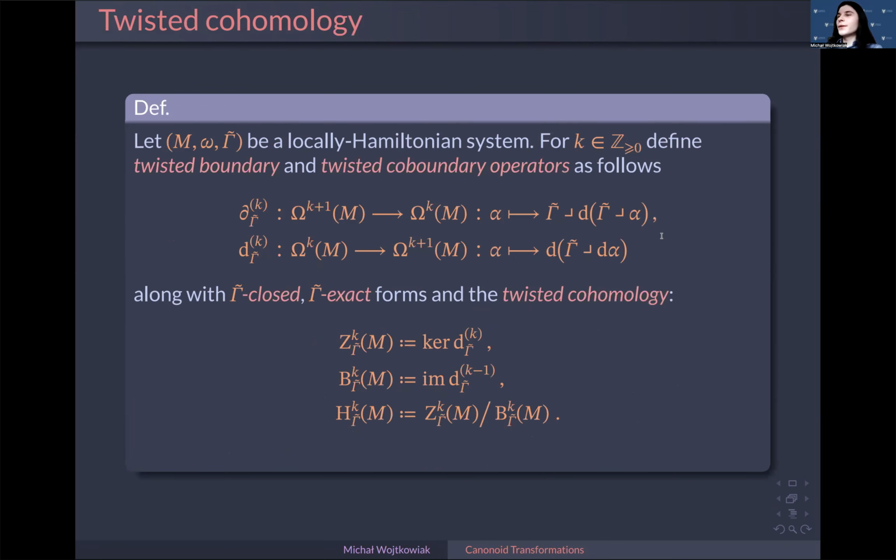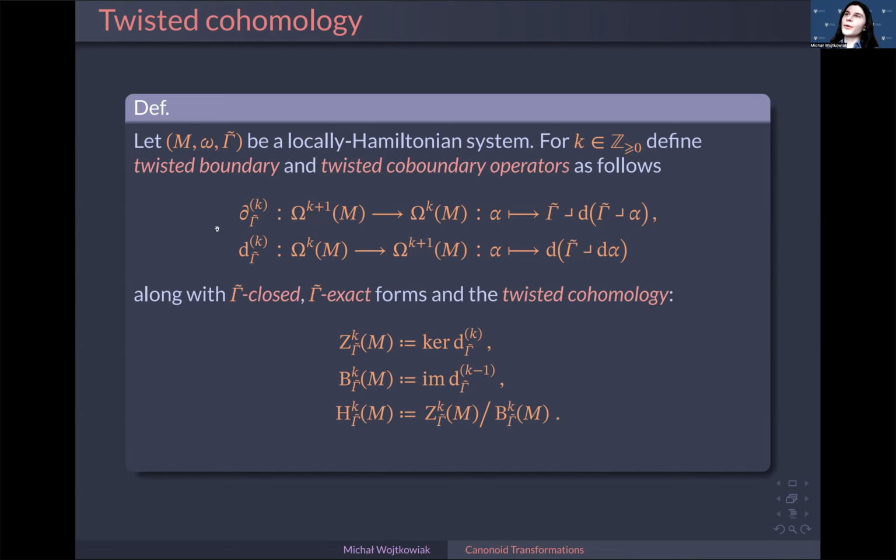Okay, and to further classify our canonoid transformations, we will also need some cohomological techniques. Well, perhaps these are not strictly necessary, but they do make proofs rather simple and more elegant. So we define twisted so-called boundary and co-boundary operators.